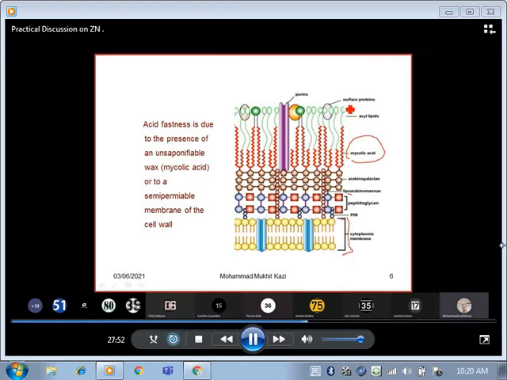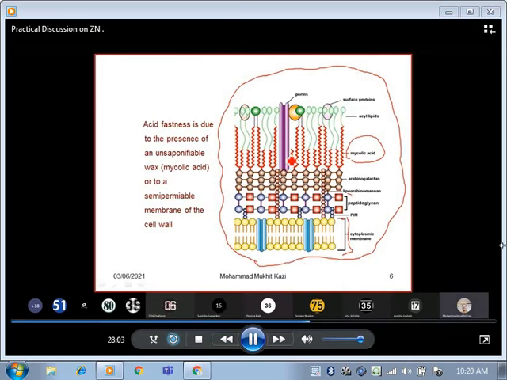Then there are certain mycosides also, and lipids are also there. So the entire cell wall makes the organism very sticky, and this is why the stain does not penetrate easily unless you destroy these lipids, so that you make a way for the stain to go inside the protoplasm.